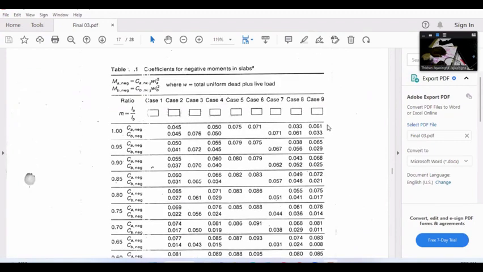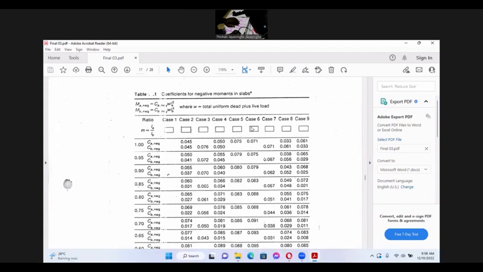So these are the tables to find the coefficients, and these are the negative moments, and there can be different support conditions. So for example, in this only these two sides are continuous. Here, all four sides are continuous. Here you can see only two sides are continuous. Here only these two long edges are continuous. And here only one edge is continuous. So there are different conditions, and I will give all these details. I will find the exact markings with a clearer diagram.